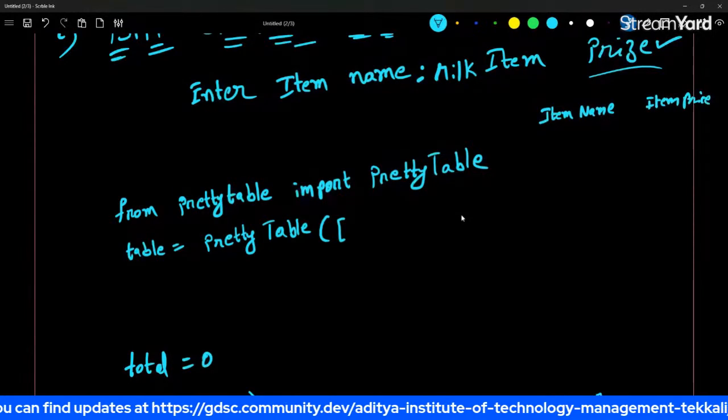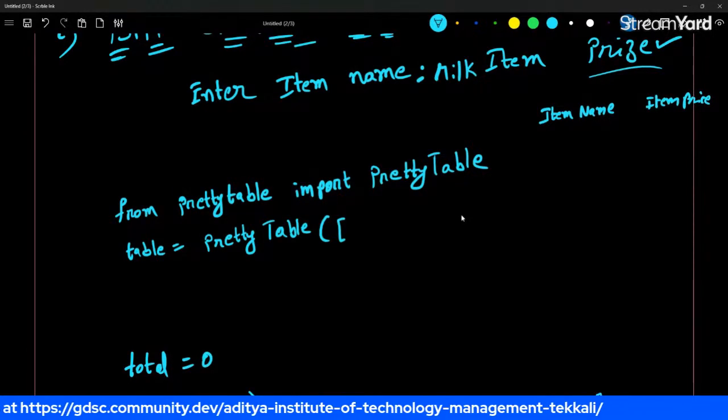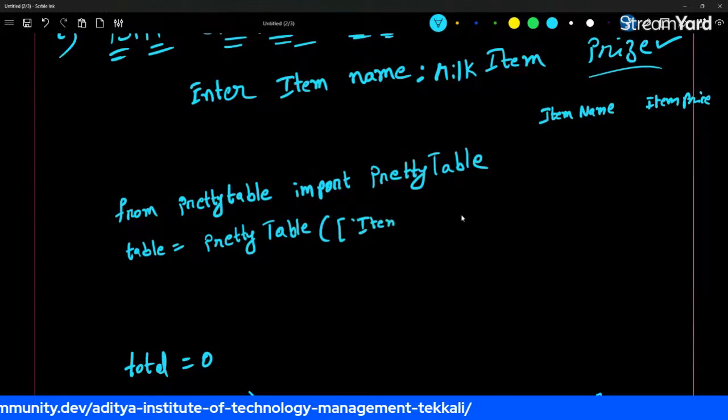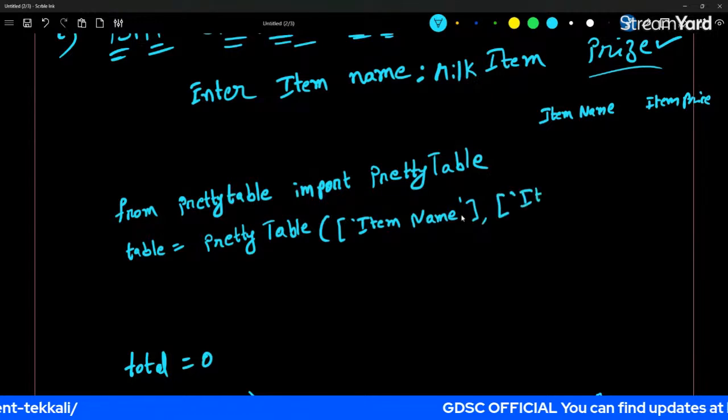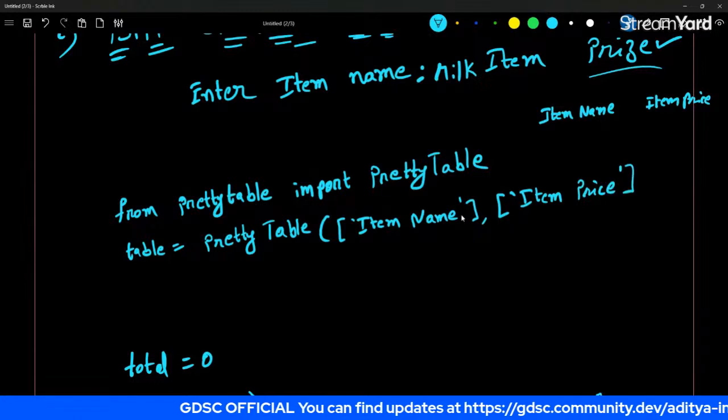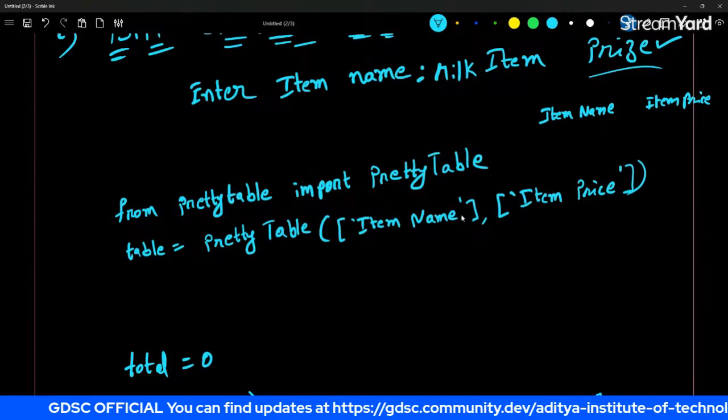So the two things I'm going to enter here: item name, and the next one is item price. Okay.